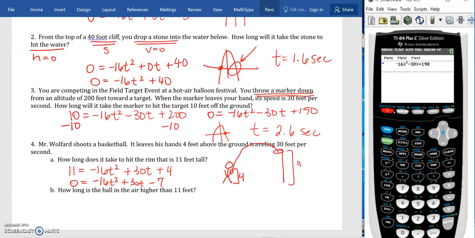Let's get that put in here. Change that to plus, change this to minus 7. Delete. And we graph. Oops. Let's try that again. I think I have an extra sign in there. Yep.